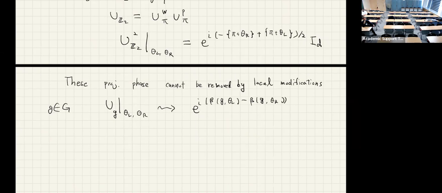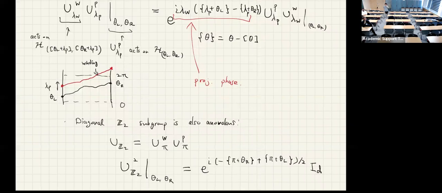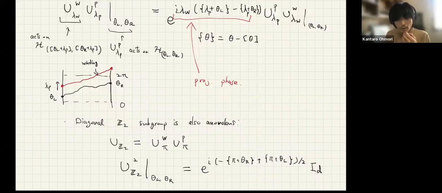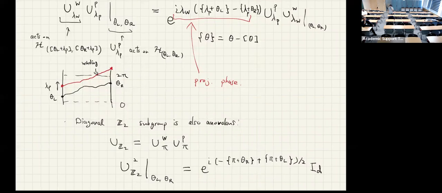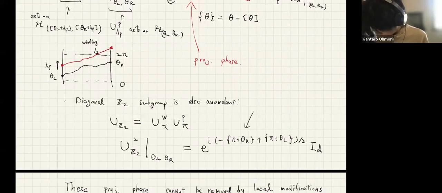Could you demonstrate why the phase you wrote in the last line is not the same as theta left minus theta right? So this is a pi shift.